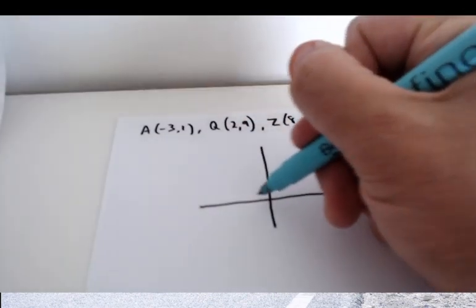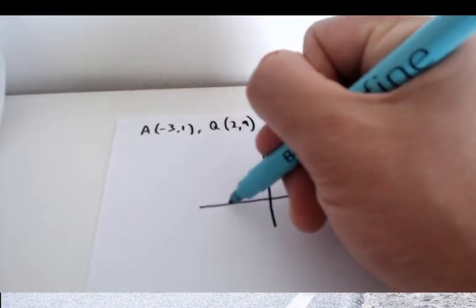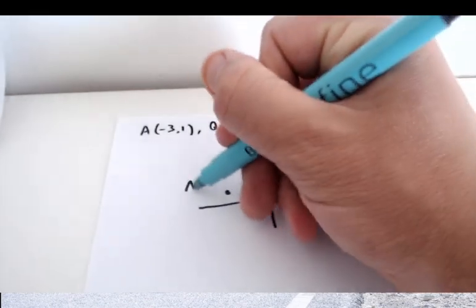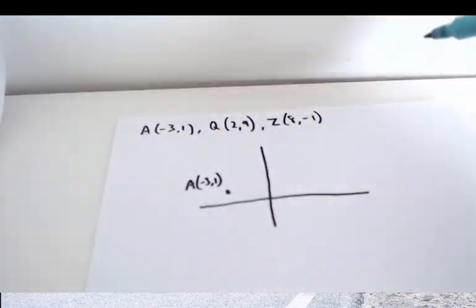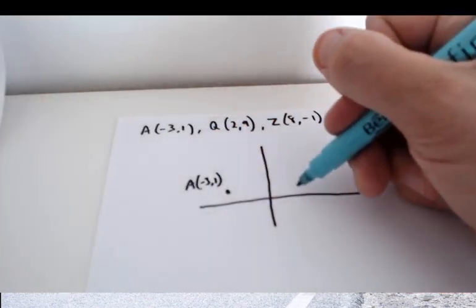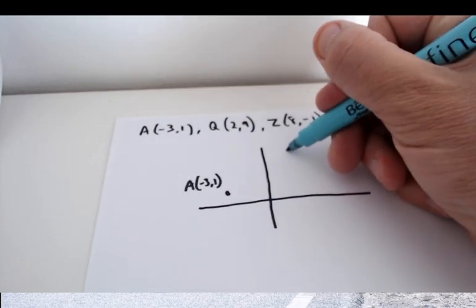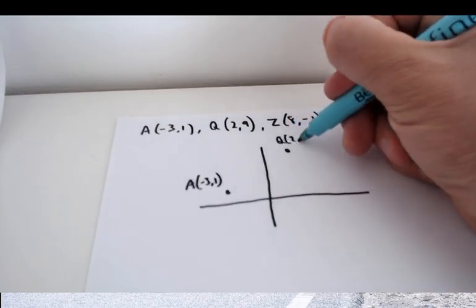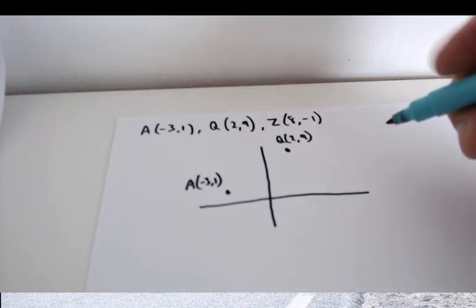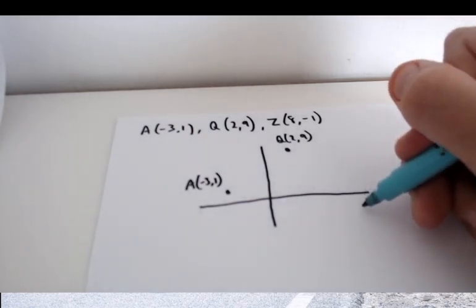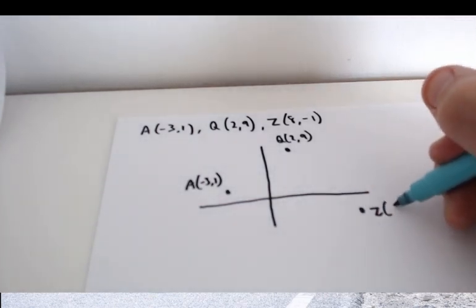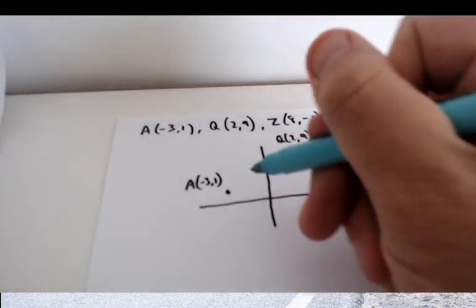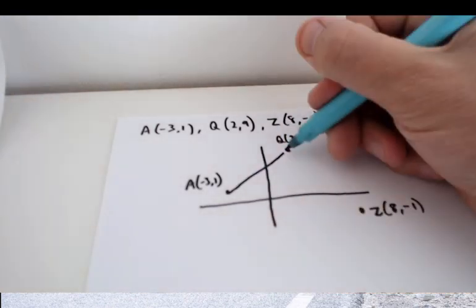A is minus 3, 1. Q is the point 2, 9. And Z is 8, minus 1. Join it up. Make a triangle.